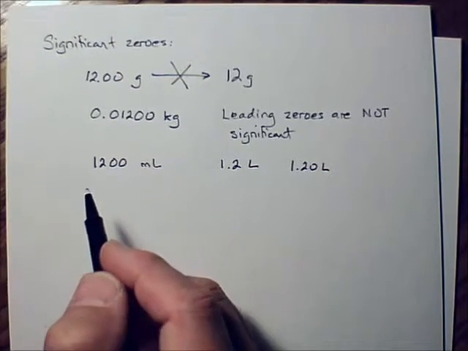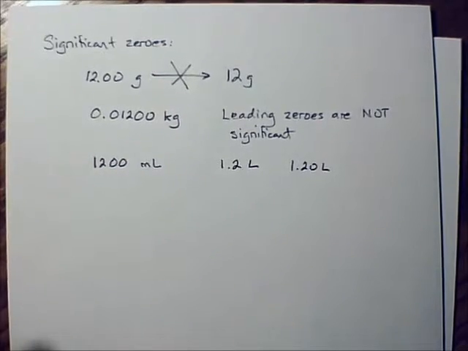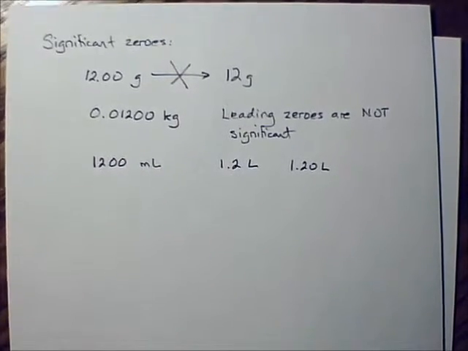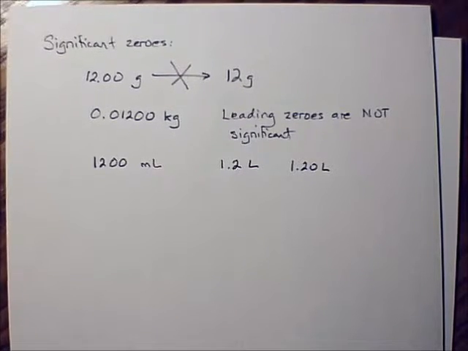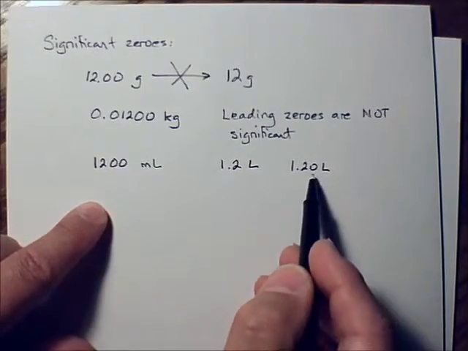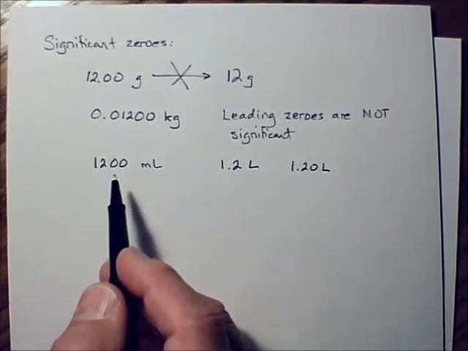Now, I would know if it's a counting number. If I say there's 120 students in science right now at this high school, well, you can't split up students. So the context will tell you if it's a counting number, then you can assume those digits to be significant, unless it's an estimate. Sometimes the estimate makes some zeros insignificant. So context is important. How it's presented to you makes it important. But here's the rule.